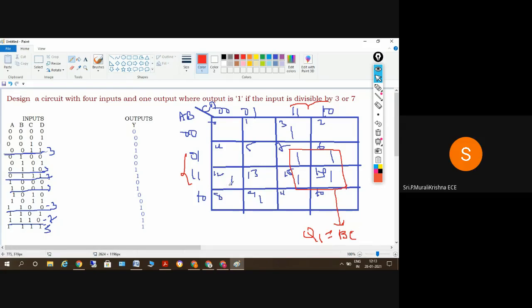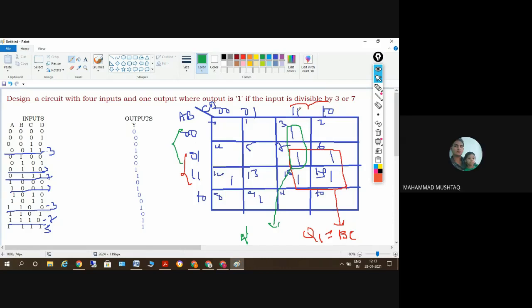Next, we can form a pair here. What is this value? The two rows are compared, giving A bar, and the column term is CD.